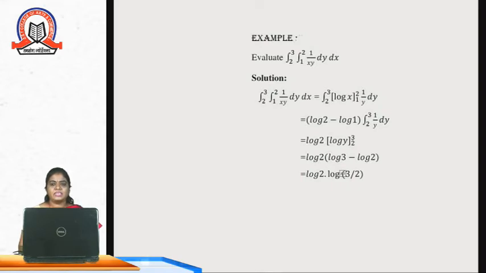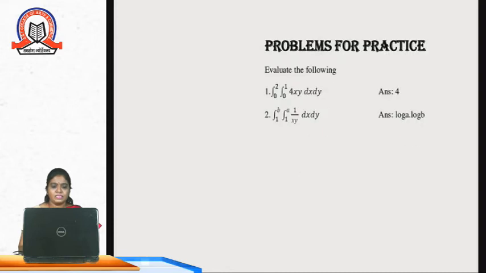Again, integration of 1 by y is log y. Substituting the upper and lower limits, we will get log 3 minus log 2. Using the property of logarithm, answer is log 2 into log (3 by 2). These are the problems for practice.